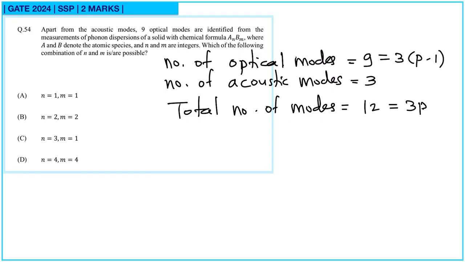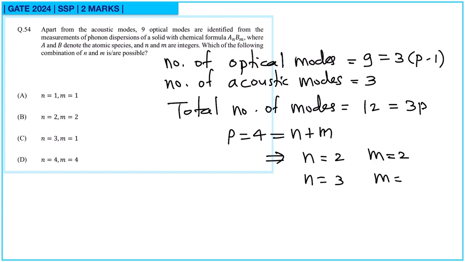So that gives us P is equal to 4, and that is also equal to N plus M. So if N is 2, then M will be 2, and if N is 3, then M will be 1. So these are the possible combinations. So options B and C are correct.